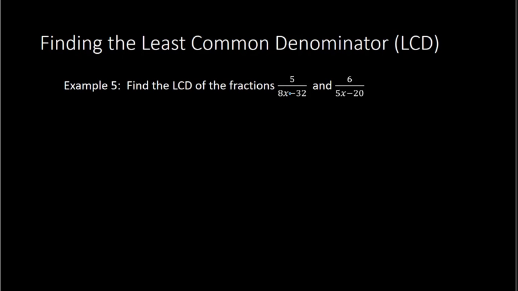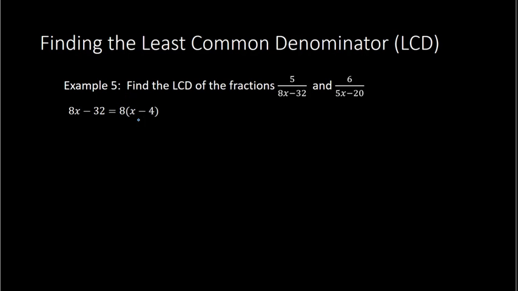In this case, it's not just a number, we have a variable expression. So 8x minus 32, I can factor that down by factoring out an 8. So we factor an 8 out, and in parentheses, we have x minus 4. Right? And if you forget how to do this, go back and check some previous videos on how to factor by pulling out the greatest common factor.